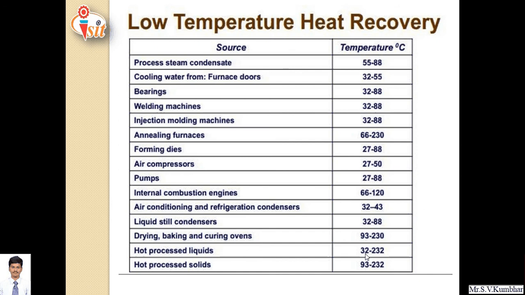In low temperature heat recovery, generally in refrigeration and air conditioning, low temperature heat recovery can be achieved, here 32 to 43 degrees centigrade. These are the different sources from which low temperature heat recovery is possible, with the temperature zone given.